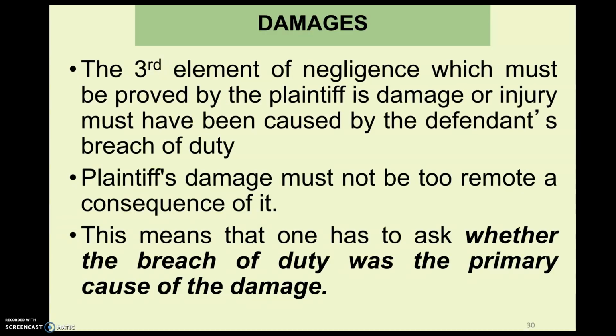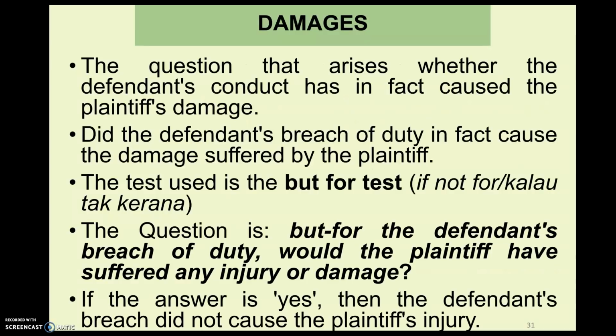This means one has to ask whether the breach of duty was the primary cause of the damage. If the defendant's breach of duty was the primary cause of damage, then basically the defendant is liable towards the plaintiff.